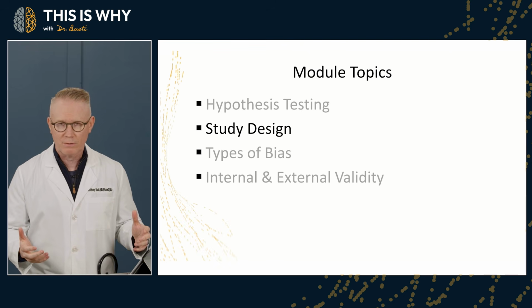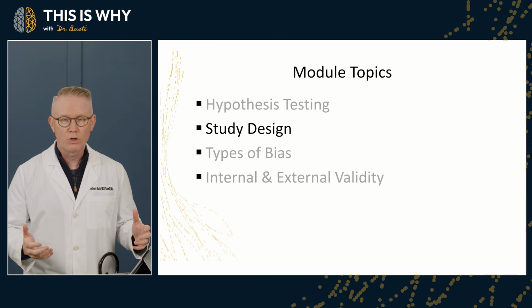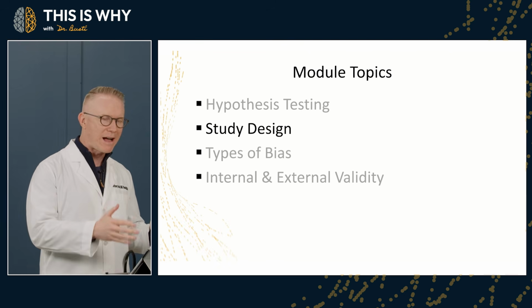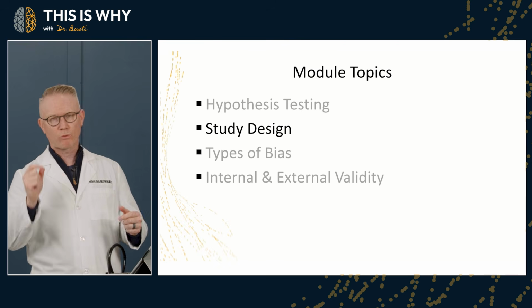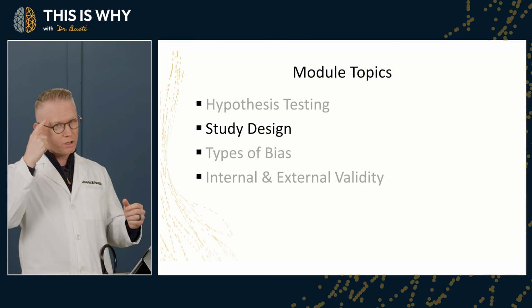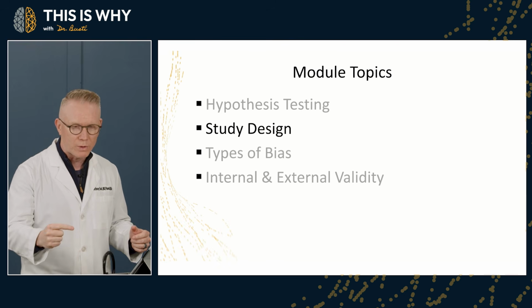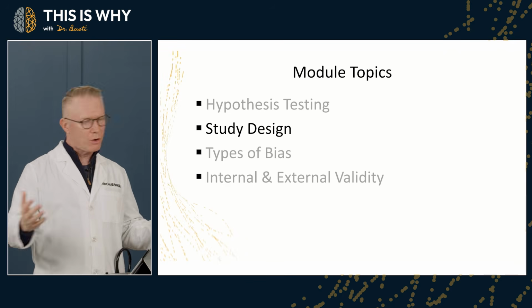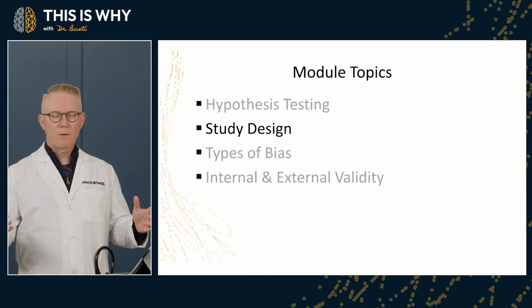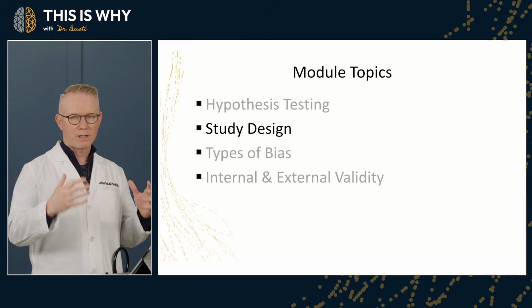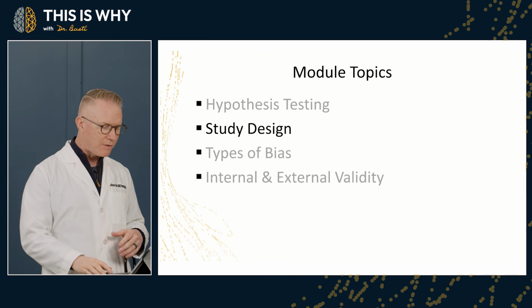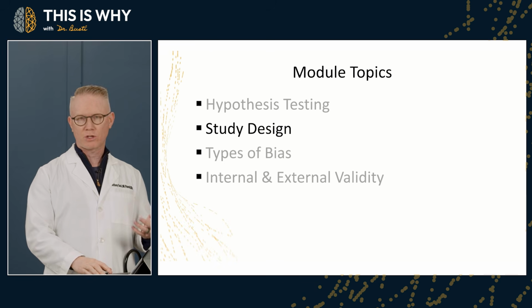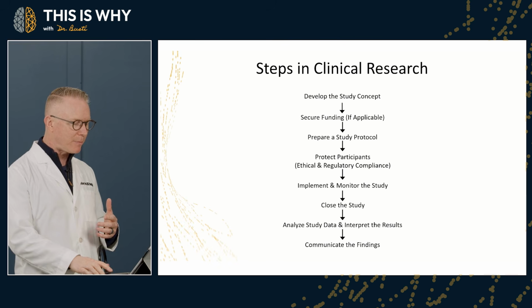I don't care what the type of research is or what the study design is. You should think ahead about these things. As a reader or clinician, you should be thinking about what the researcher should have done, and as you're reading the protocol, knowing that no study is perfect, it guides you into the overall appraisal of the paper so you can apply that information appropriately in its proper context.